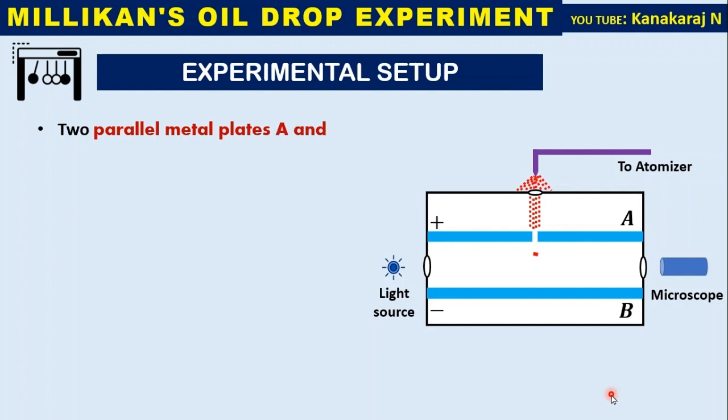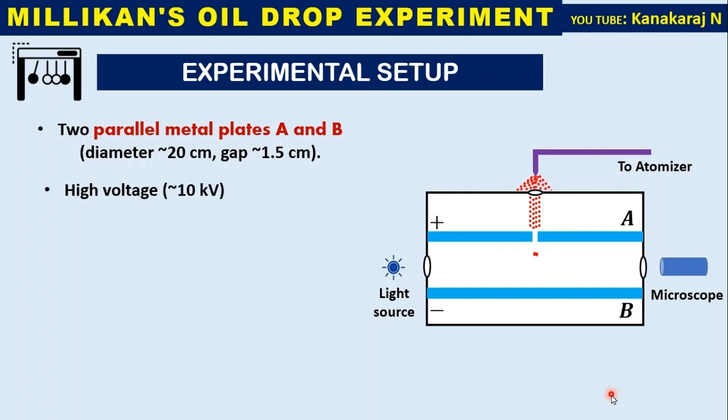Two parallel metal plates, A and B. These have diameters of approximately 20 centimeters and the gap between the two plates is approximately 1.5 centimeters. A high voltage, approximately 10,000 volts, is applied across the plates.